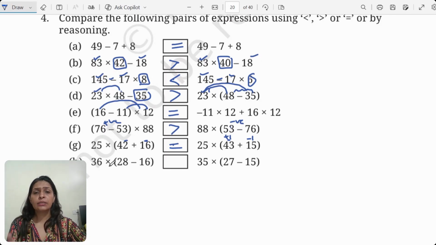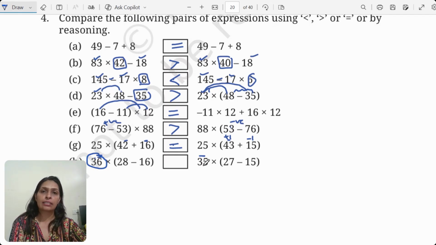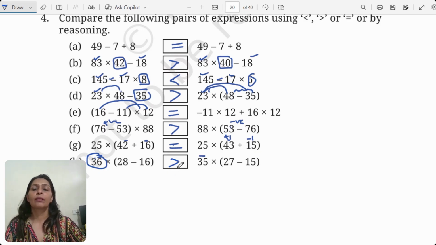Lastly, 36 multiplied by 28 minus 16. So what we did, we decreased 36 by 35, so the overall number has been decreased. And here we just have a difference of 28 to 27, one less, but the overall multiplication has been decreased. So this number overall is going to be greater.